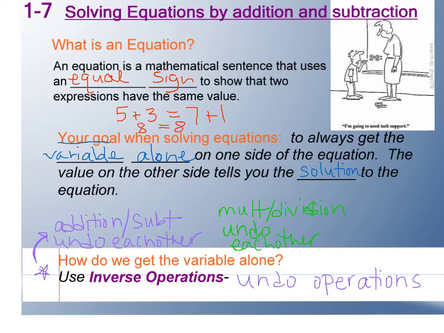We're not seeing it yet in this lesson, but if we square a number, like 2 squared, we know that's 4. To get back, I would square root 4 and we would get 2. So squares and square roots undo each other as well.